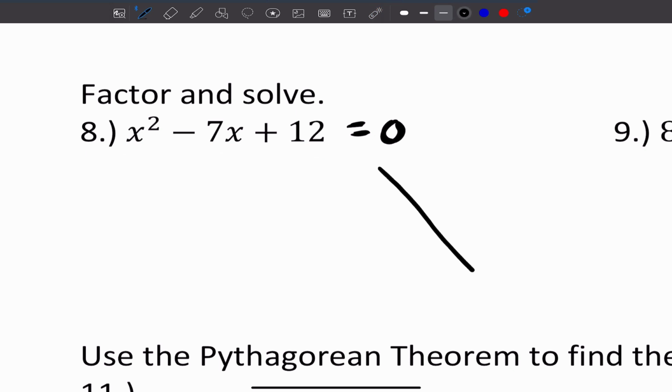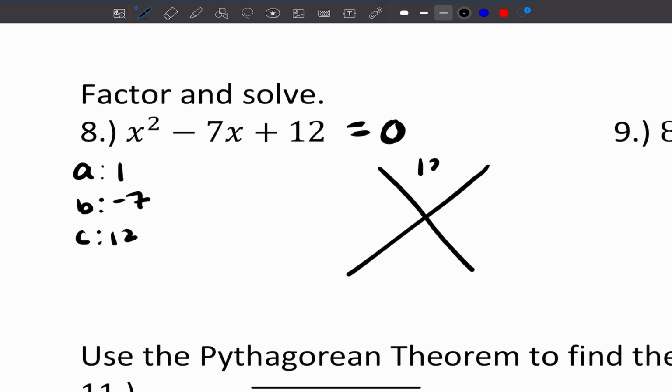So I can go ahead and draw my x. A is 1, b is negative 7, c is 12. C is going to go up top, and then b is going to be on the bottom.